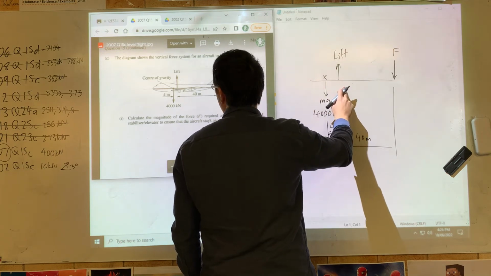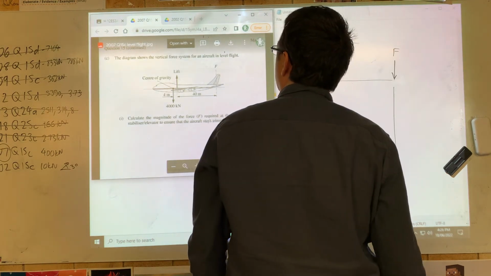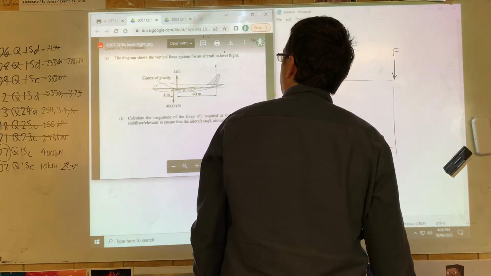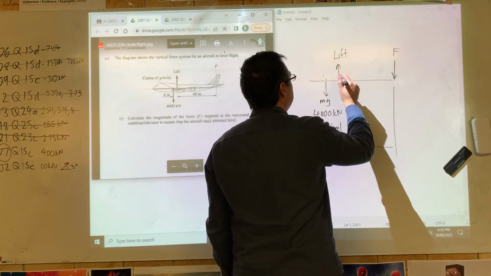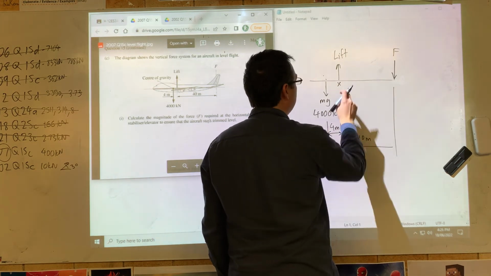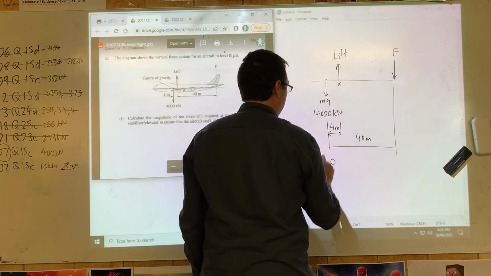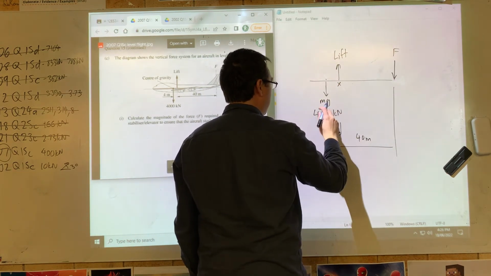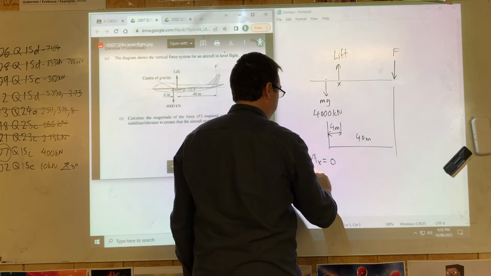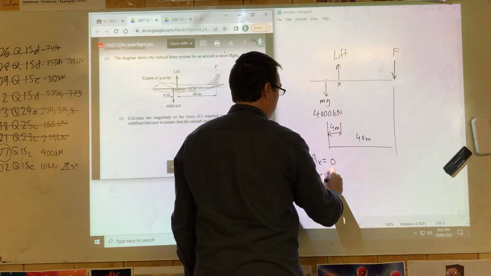Do we know the lift? No, they don't tell us the lift. In that case we're going to set x as the center of lift. So we've got mg, which is 4,000, and it is 4 meters.